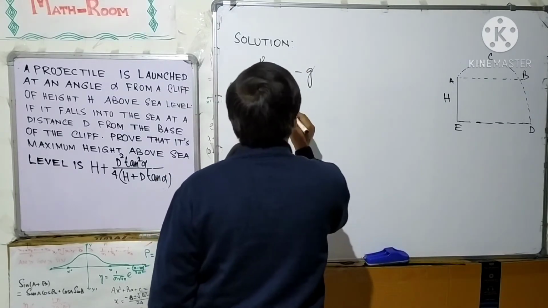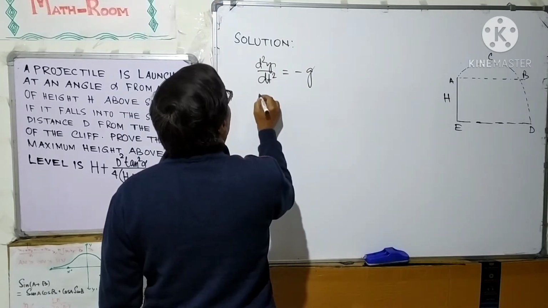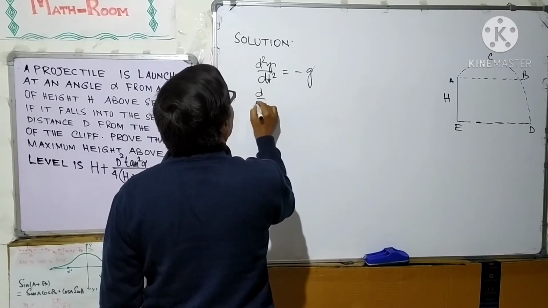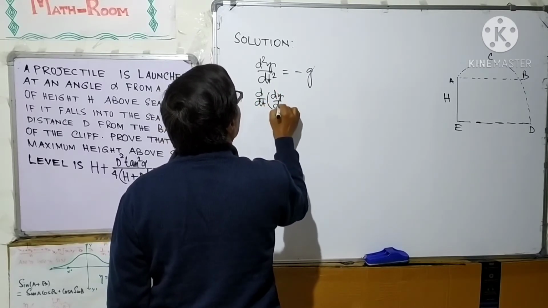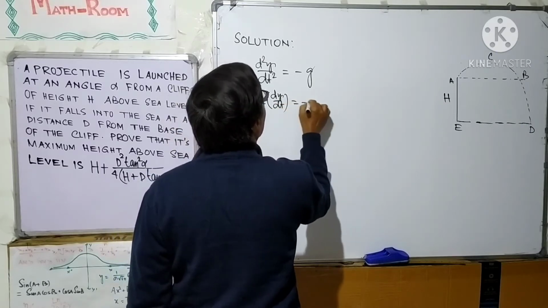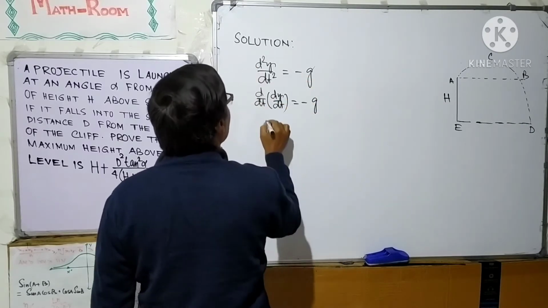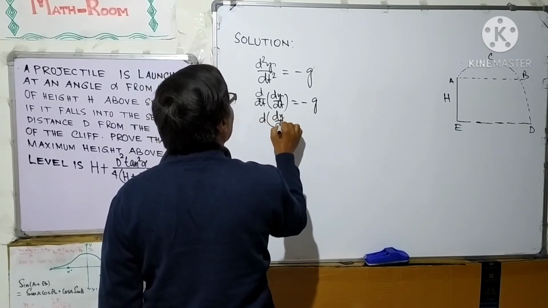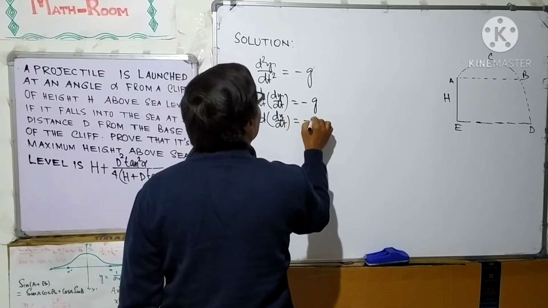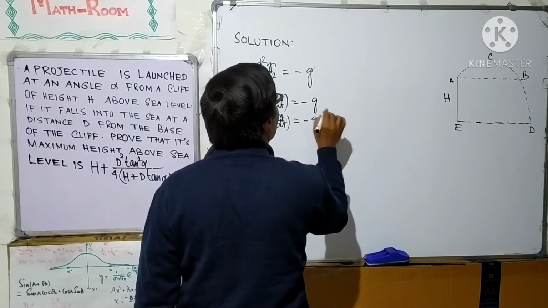So, we can write d dt of dy dt equal to minus g, that is d of dy dt equal to minus g dt.